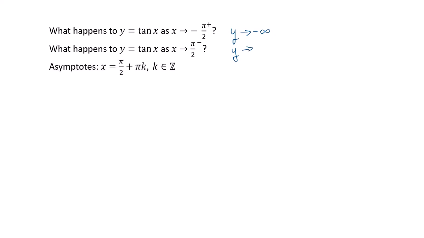The behavior is that y approaches positive infinity. So the asymptotes for the basic y equals tangent x function are x equals pi over 2 plus pi k, where k is an element of the integers.